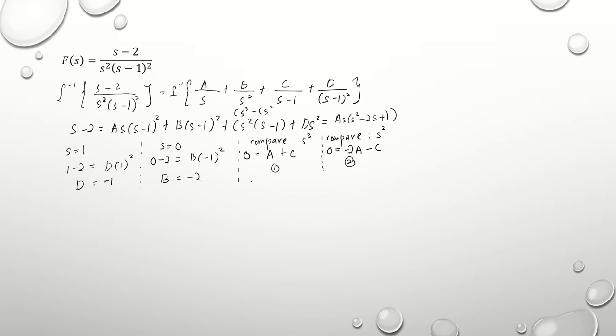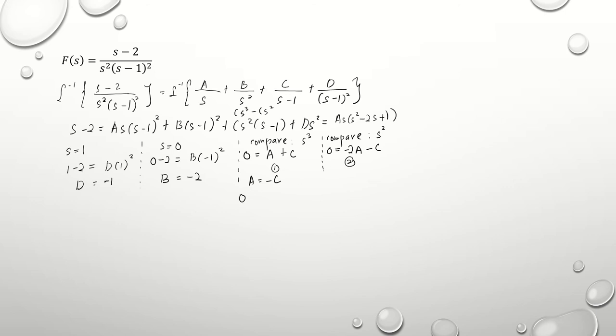The easy one is maybe you can use simultaneous equation. So for this part, 0 equal to A plus C. So A equal to negative C. Put it in the second equation and substitute.